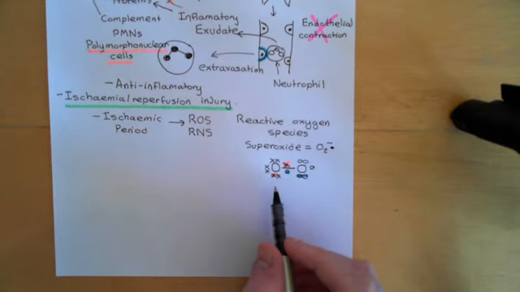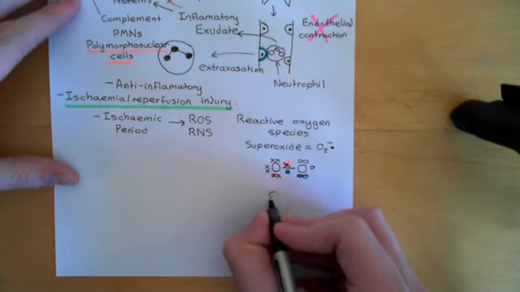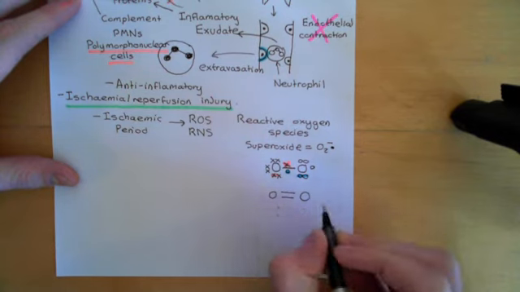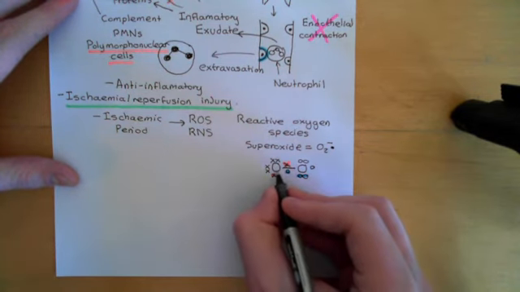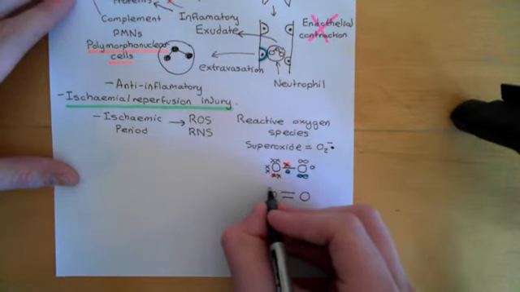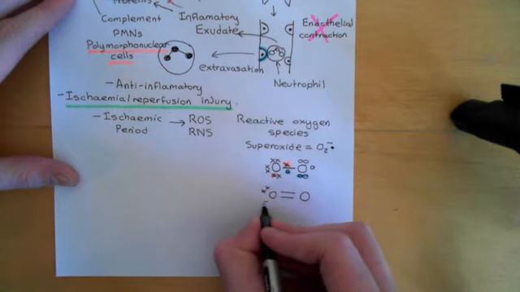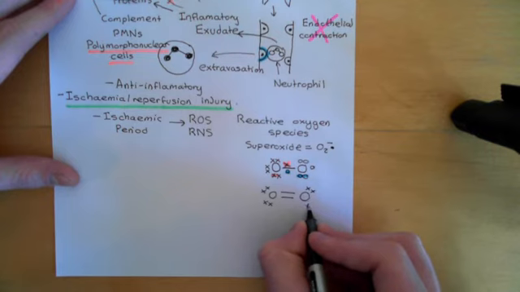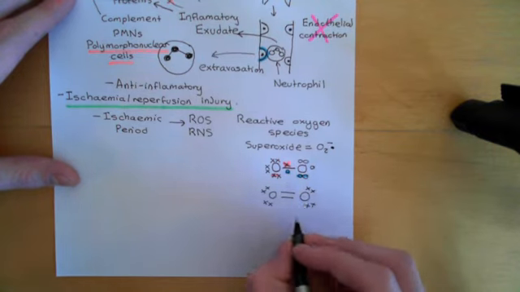If I contrast this to the normal dioxygen molecule, the normal dioxygen molecule would look like so. A normal oxygen atom has 6 electrons in its outer shell. So 4 of them end up in lone pairs in a normal dioxygen molecule, for each of the oxygen atoms.